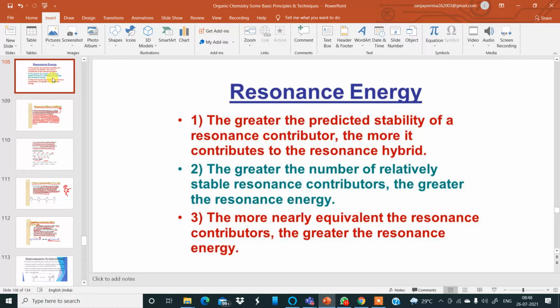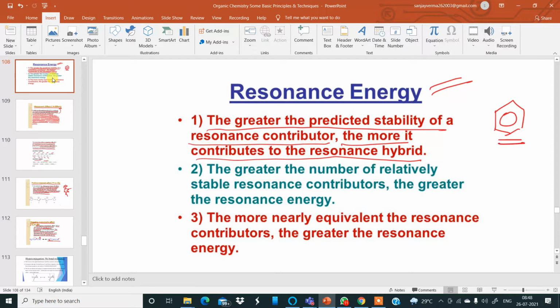Now see, in the case of resonance energy, the greater the predicted stability of a resonance contributor, the more it contributes to the resonance hybrid. Like the resonance hybrid is shown normally like this, the resonance hybrid of benzene. Okay, the greater the number of relatively stable resonance contributors, the greater the resonance energy.